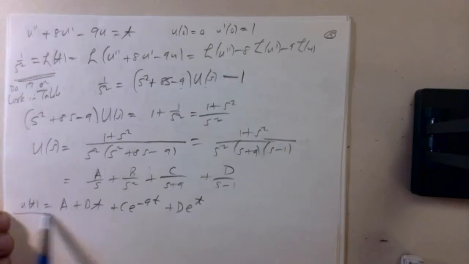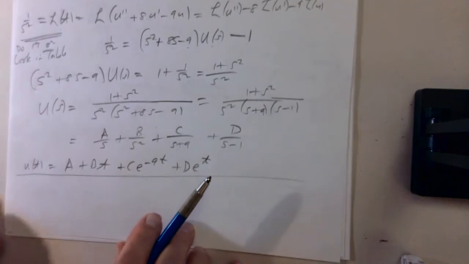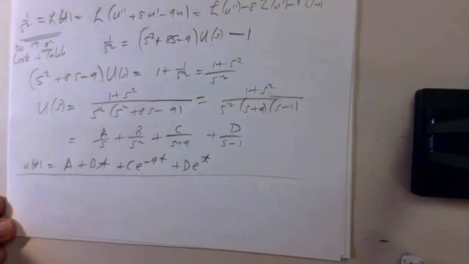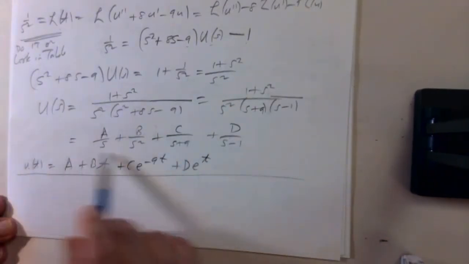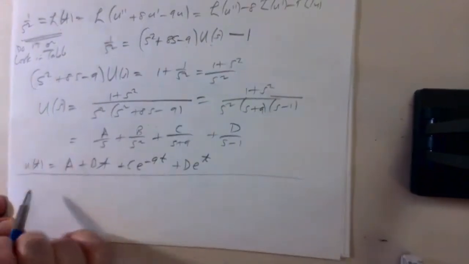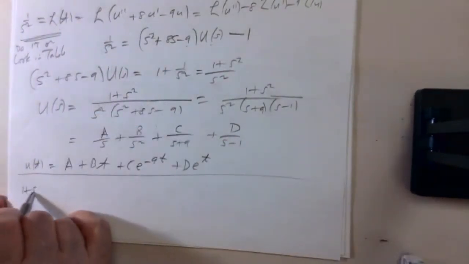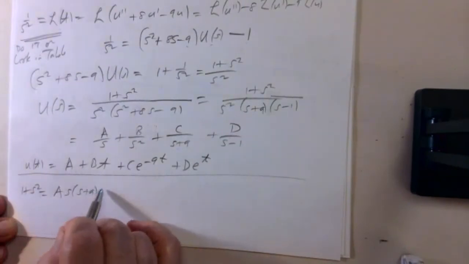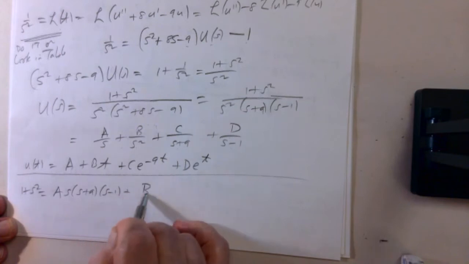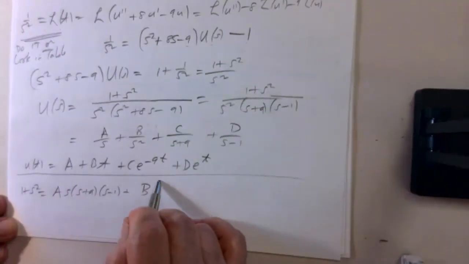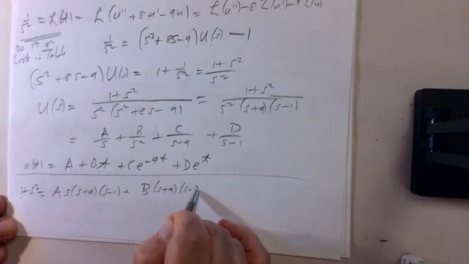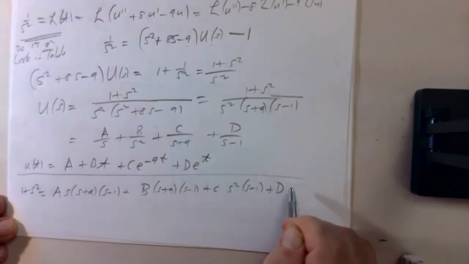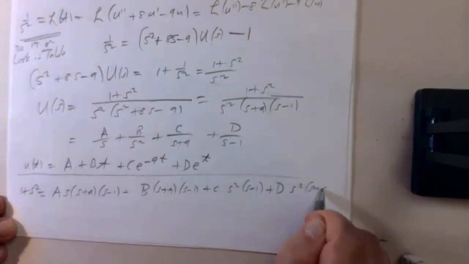I always like to find the solution. So let me just do the little bit of algebra required for that. If I put this over a common denominator, I get 1 plus s squared is going to equal a s times s plus 9 times s minus 1 plus b times s plus 9 times s minus 1 plus c s squared times s minus 1 plus d s squared times s plus 9.